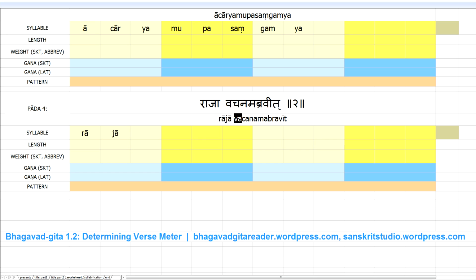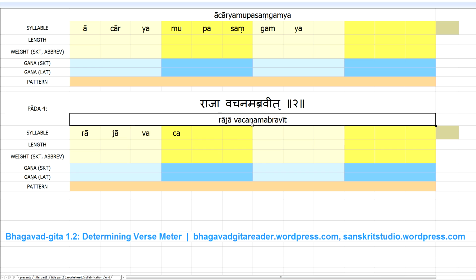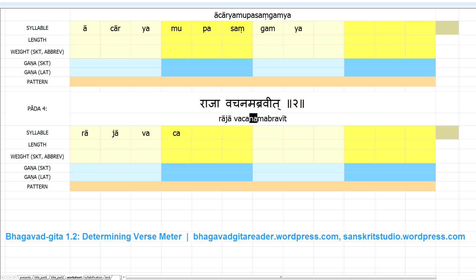And then we have va and the single consonant following there, which moves to the right. So we have ch, and the n is single, so it moves to the right. And the m is also single, so that also moves to the right.